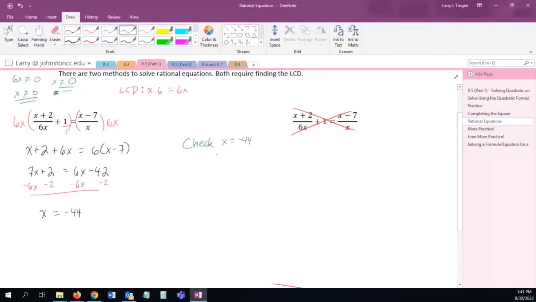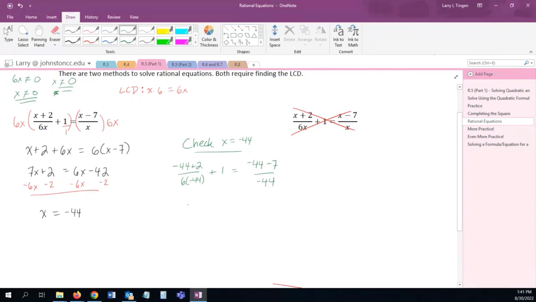So I'm going to check it anyway. Negative 44 goes into the original equation. So that's negative 44 plus 2. This is absolutely what a calculator is for, not something I expect to see by hand. Is equal to (negative 44 minus 7) over negative 44. And what have I done?